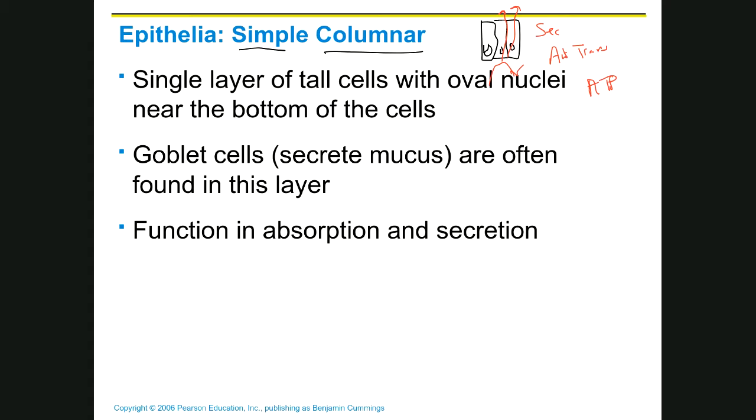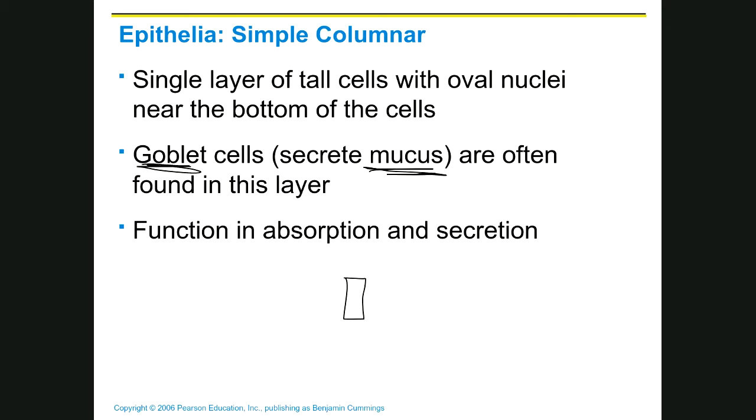Columnar cells often have another kind of cell with them, and these are called goblet cells. So goblet cells are actually tiny little glands that secrete mucus. So if we look at it, we're going to see the columnar cells, they look like this. Here's our nuclei down at the bottom.